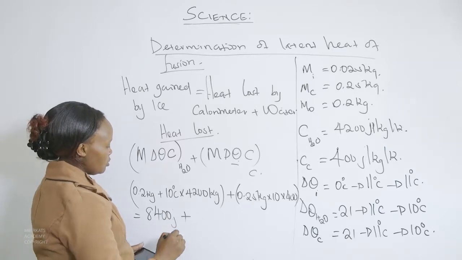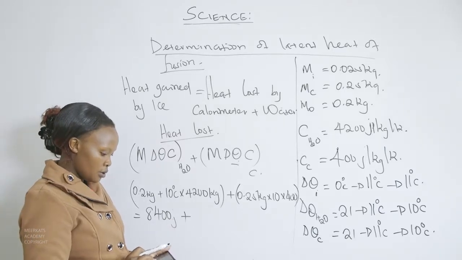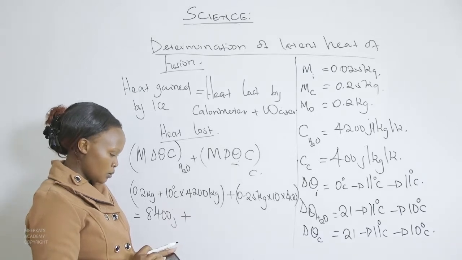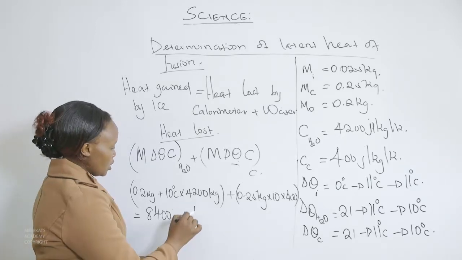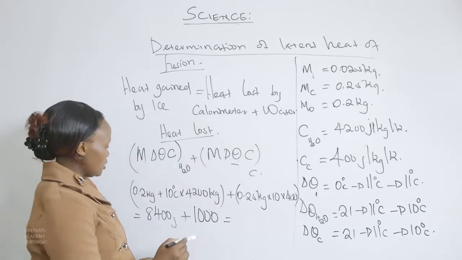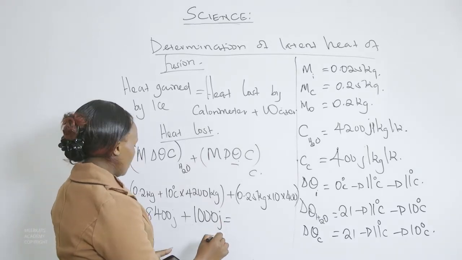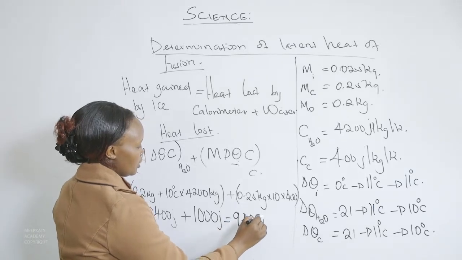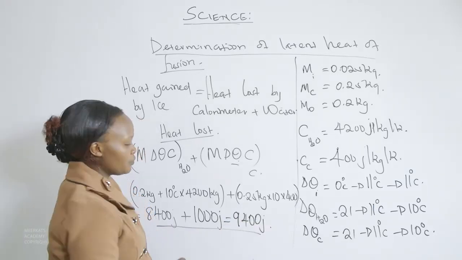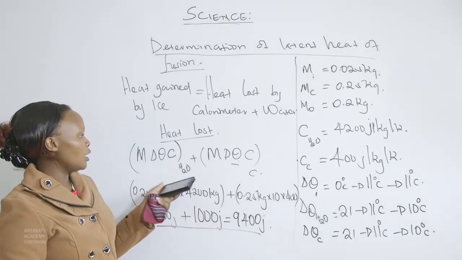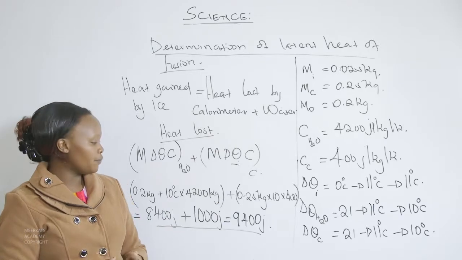That gives us 8400 joules. We add to 1000, and the heat lost adds up to 9400 joules. That is actually the heat lost by both water and the calorimeter.